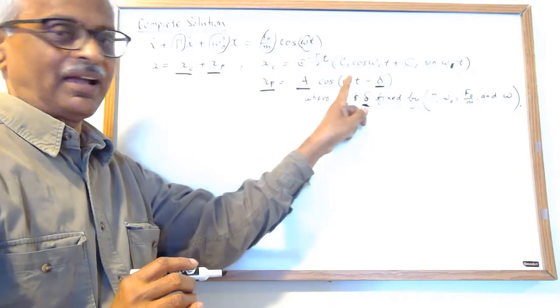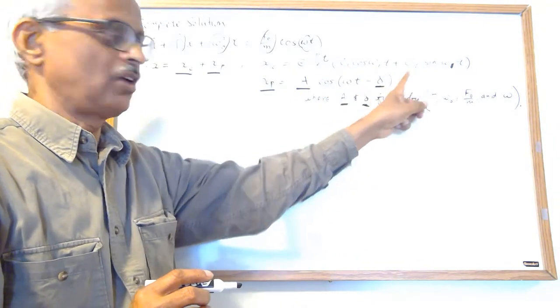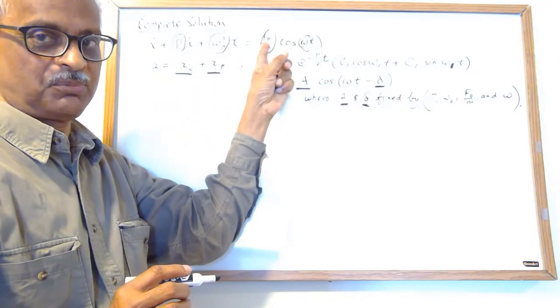XC, on the other hand, has these two constants which are not fixed. They depend on how I started the harmonic oscillator.